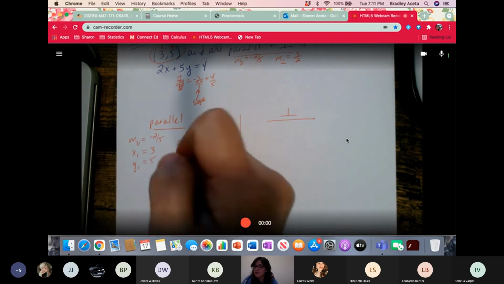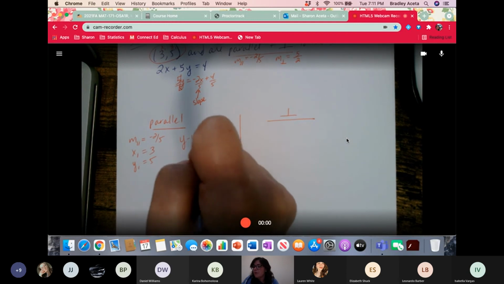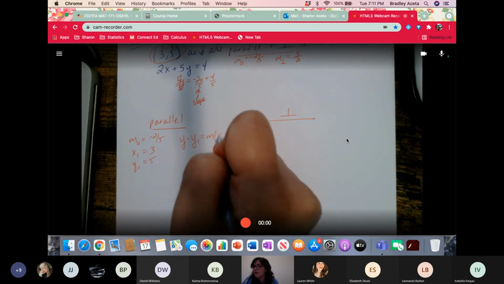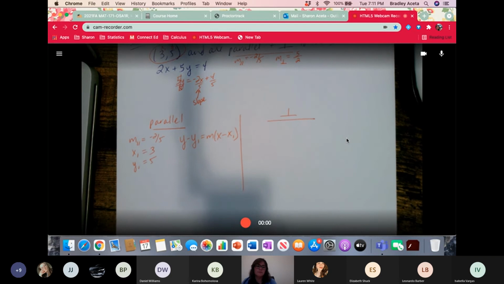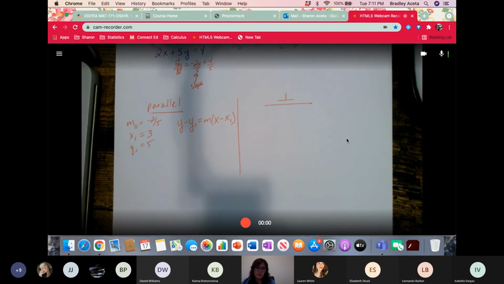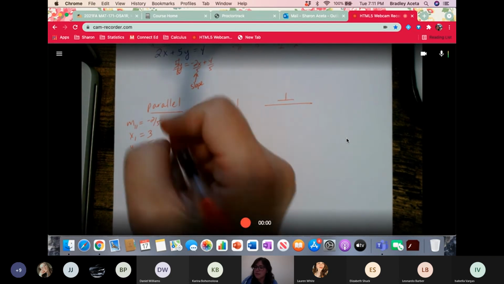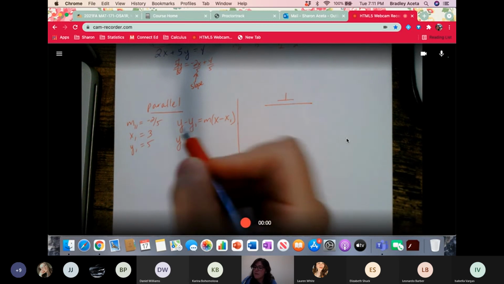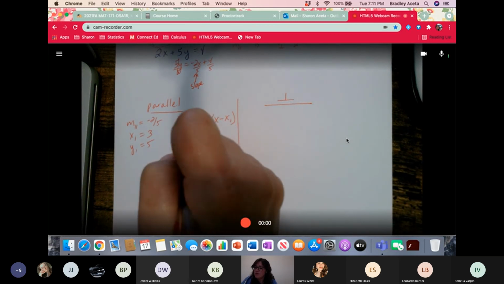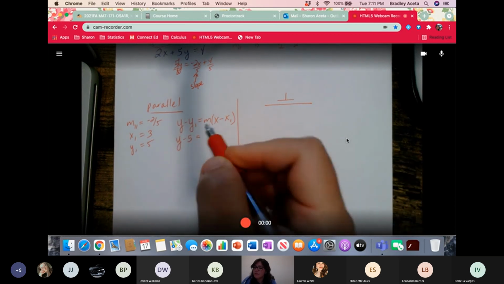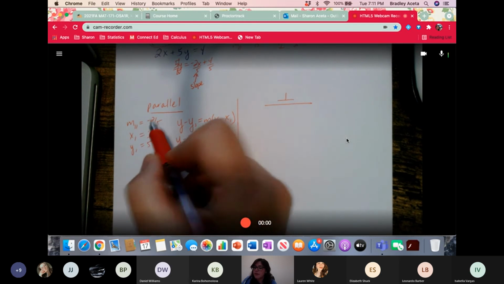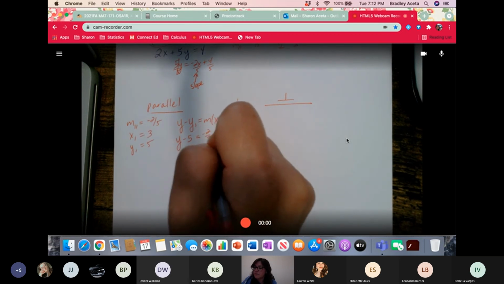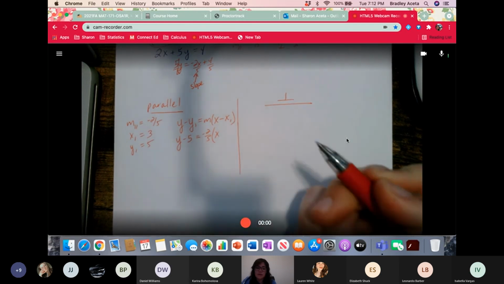And I'm going to put it into the formula, y minus y1 equals m times x minus x1. Just like we did in the beginning of class. So this y stays the same. This y1 will be 5. m is going to be negative 2/5. This x will stay the same.